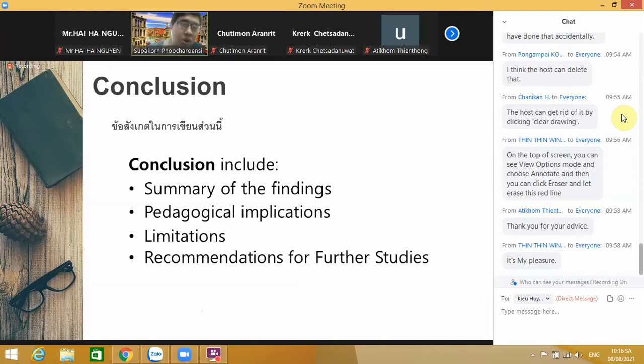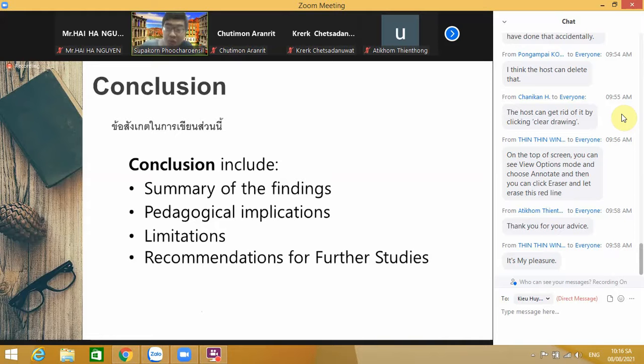You should also include limitations and recommendations for further study. So, from what I have seen, all of these four components can be put together in the conclusion. Or maybe in the conclusion, you have only the summary of the findings, and you can put limitations and recommendations for further study together. Make sure that you don't have to mention all limitations of the study.